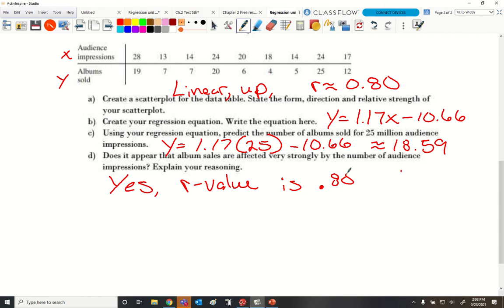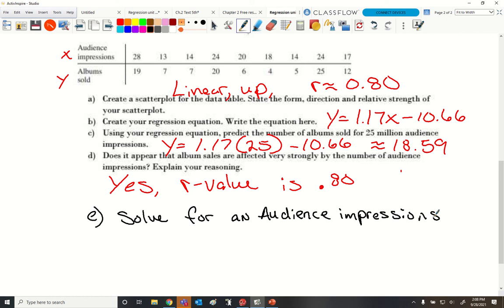Now, I'm going to add one more question here that's not on there. So E, it says solve for audience impressions when album sold is 11.